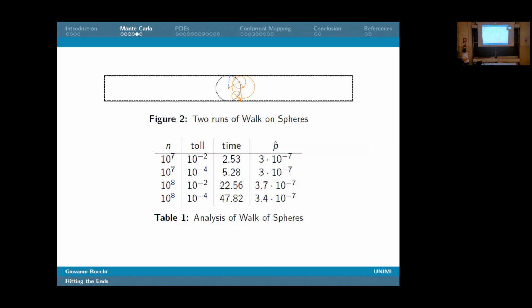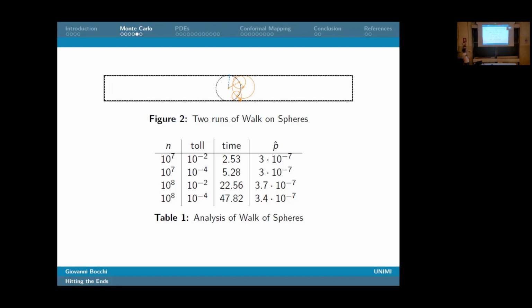In the first one, the blue one, the first guess is already too close to the boundary, that is considered as hitting the sides, and in the other, in orange, we do some iterates, but in the end we also get to the sides.